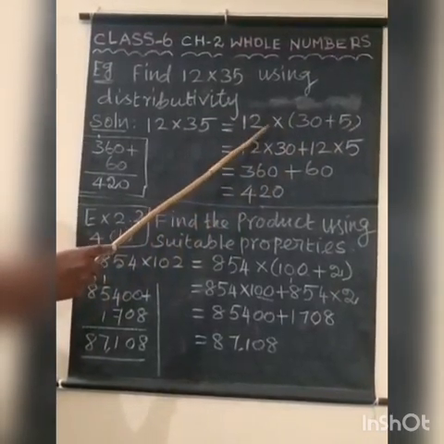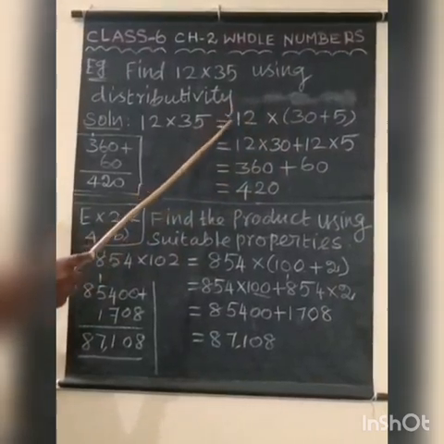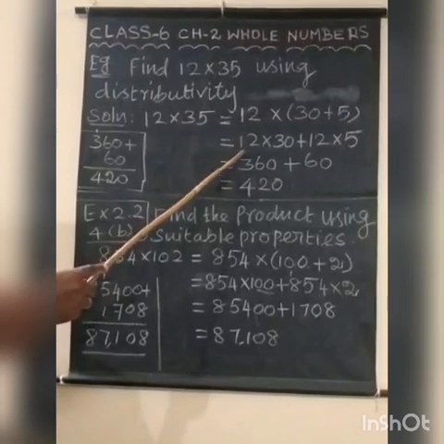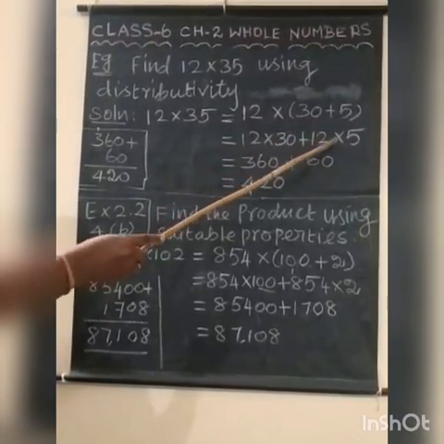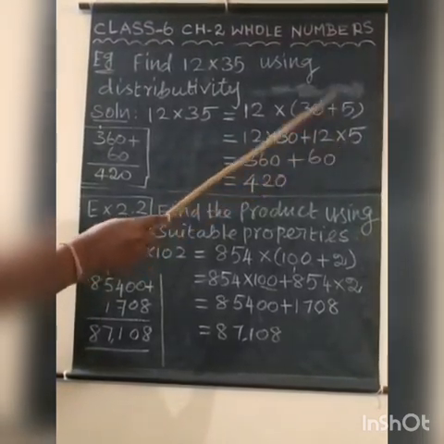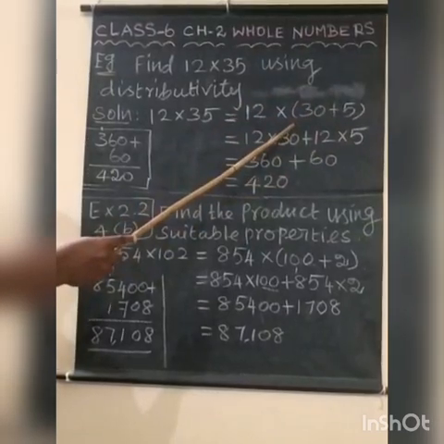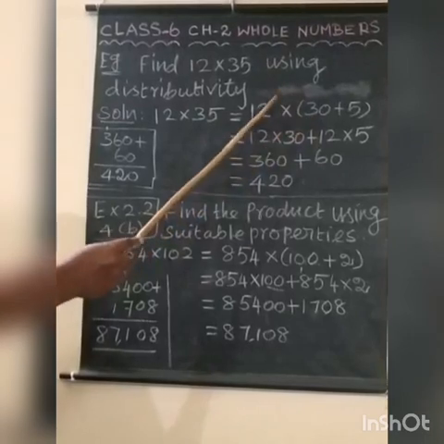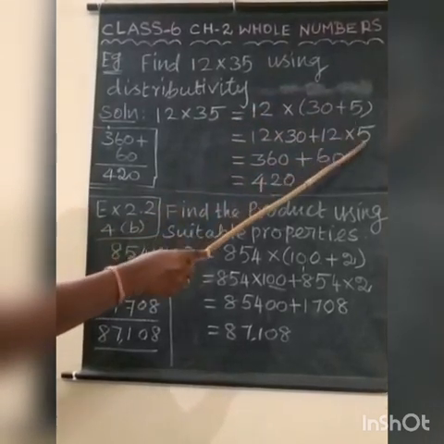Here using distributive property, A into (B plus C) equal to what? A into B plus A into C. Okay. Using distributive property, here 12 into 30 plus 12 into 5.